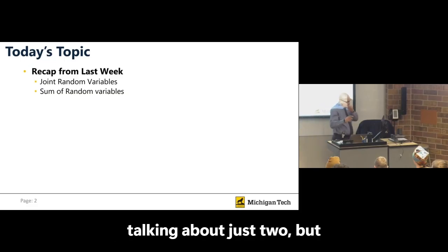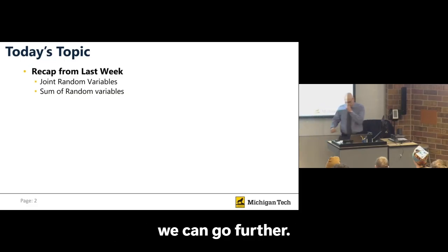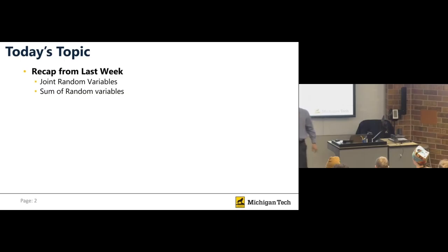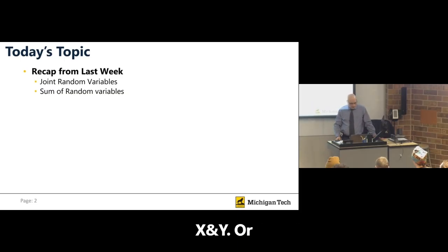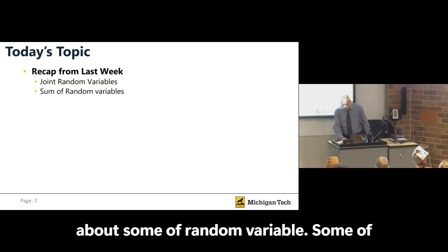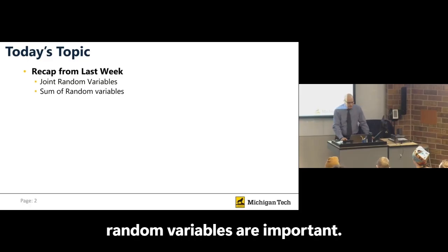We start by talking about just two, but we can go further and make it a vector. But they're still two random variables together, like x and y, or y and z, for example. We talk about sum of random variables. Sums of random variables are important.